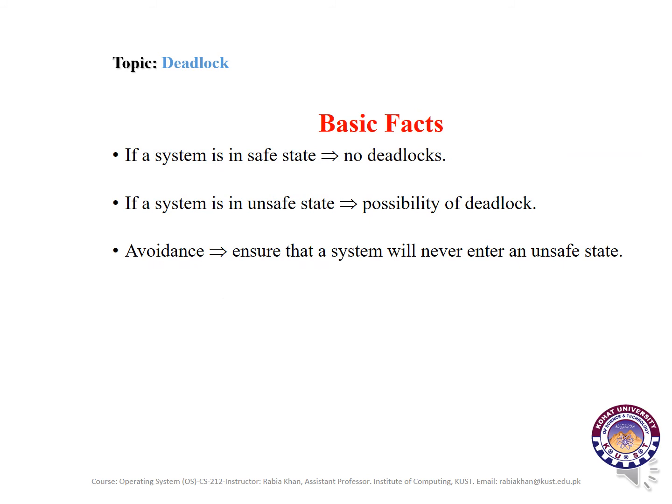Some basic facts need to be kept in mind related to the safe state. If the system is in a safe state, having a safe sequence of processes, there would never be any deadlock. But if the system is in an unsafe state, where processes do not have a safe sequence, there will be a possibility of deadlock.